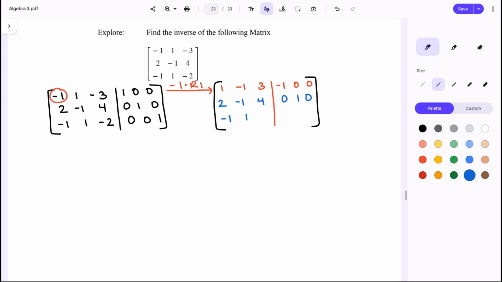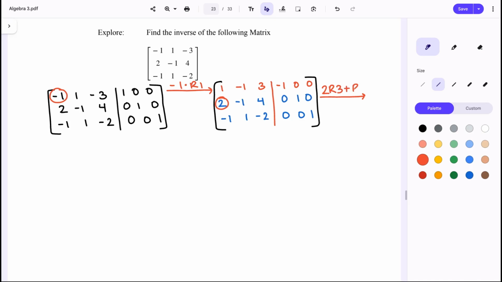Okay, how can we make the 2 a 0? Well, remember, we can't just subtract a number. Like, we can multiply by a number, but we can't do the same thing with adding and subtracting. We have to subtract rows or add rows, maybe. 2 times row 3, and then minus it by row 2.